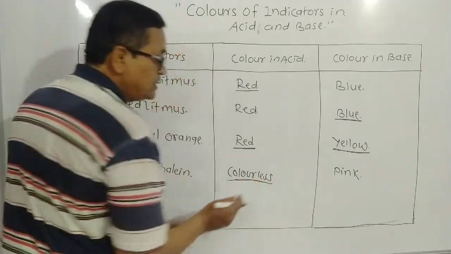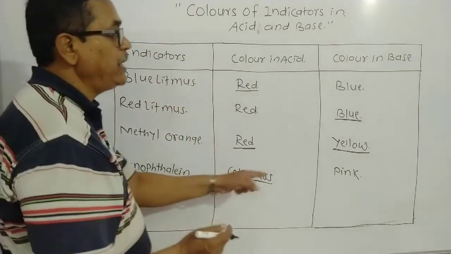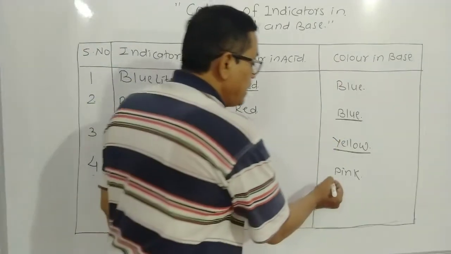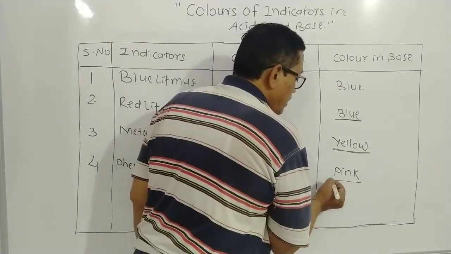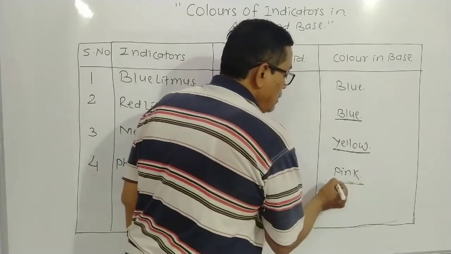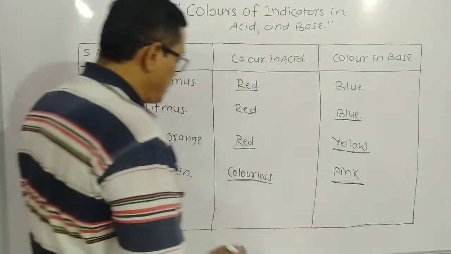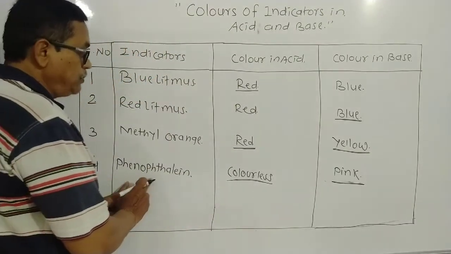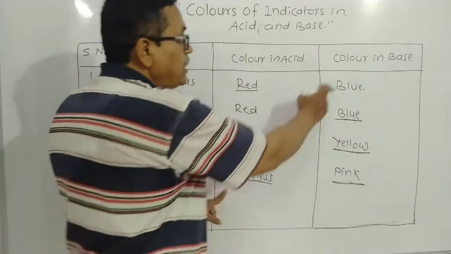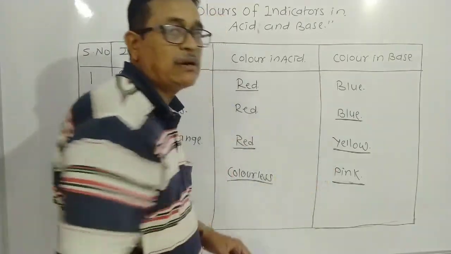Acid solution is colorless, and when we put 2 or 3 drops of phenolphthalein in base solution, it changes to pink in color. Means the color of phenolphthalein in acid is colorless, but in base it is pink.